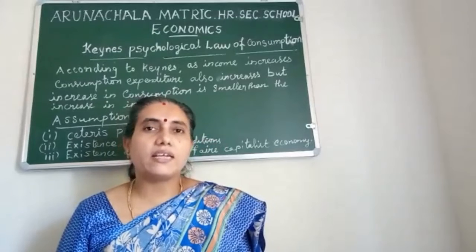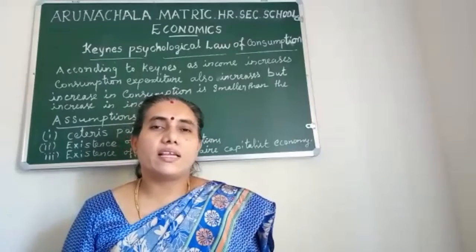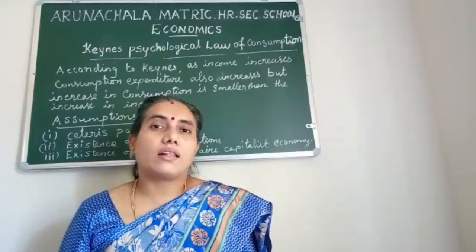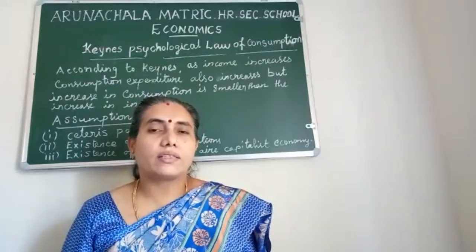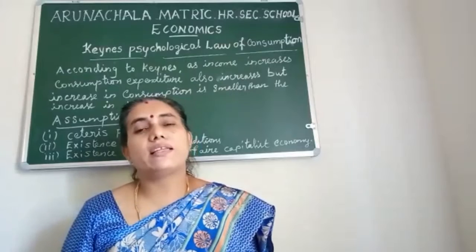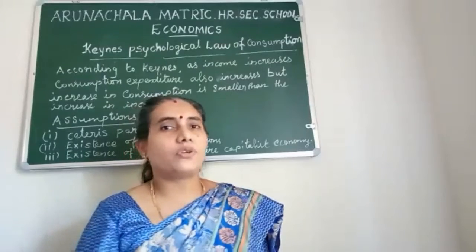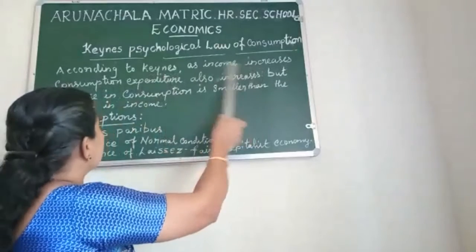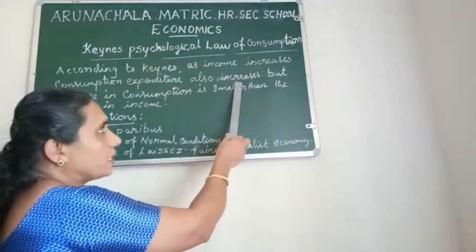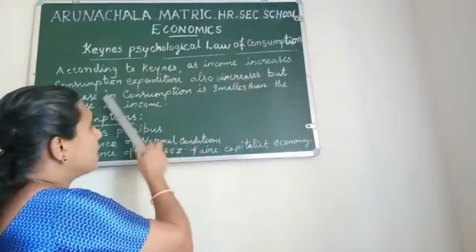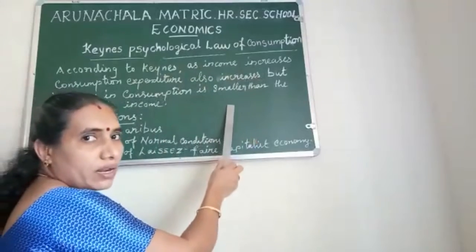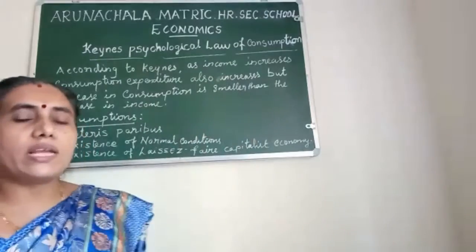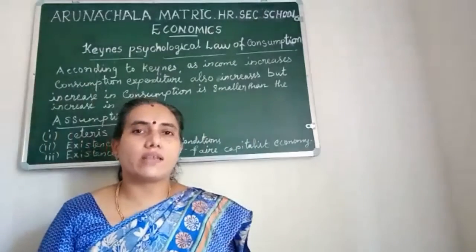But the increase in consumption is a small amount than the increase in the income. So you see here, as income increases, consumption expenditure also increases, but the increase in consumption is smaller than the increase in the income. That's why it is called the psychological law.